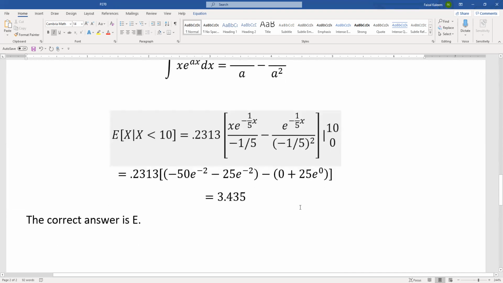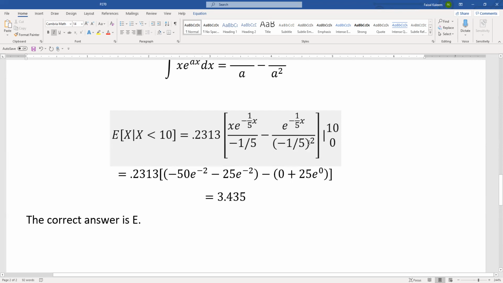And the limits of integration were 0 to 10. Substitute 10 for x here, and dividing by negative 1/5 makes it negative 50, and 10 over 5 is 2, so negative 50 e to the negative 2.